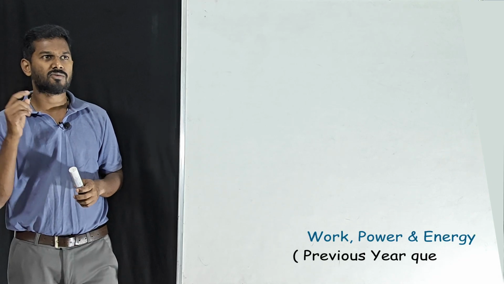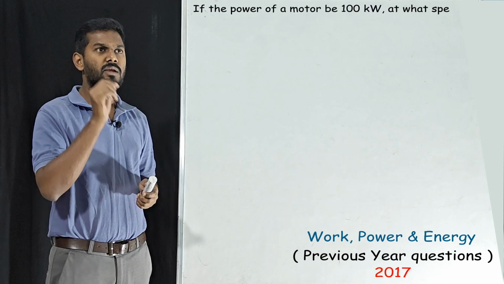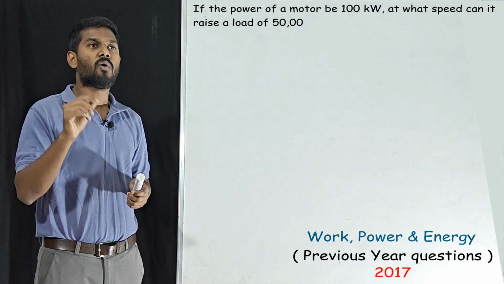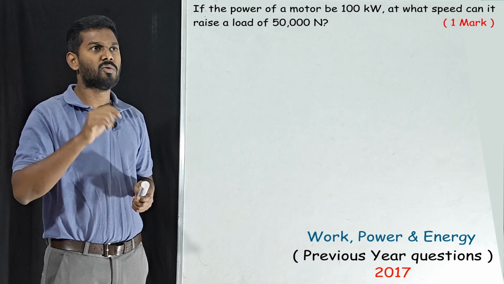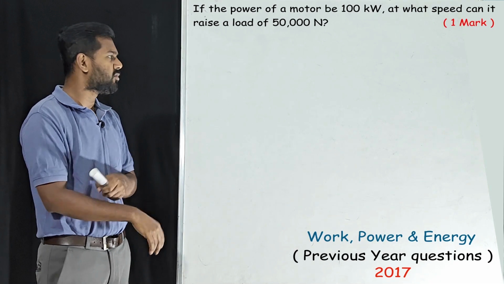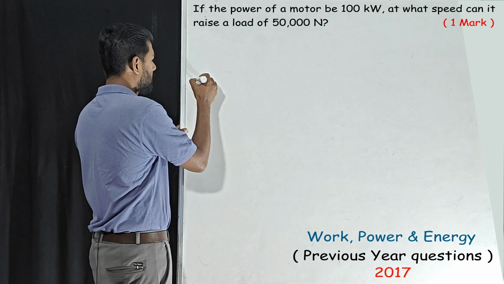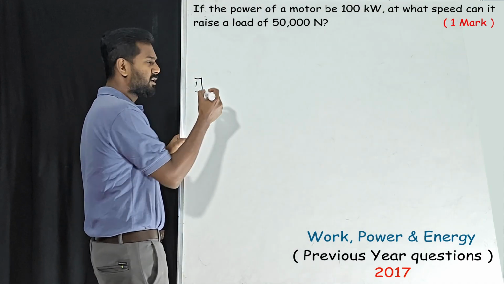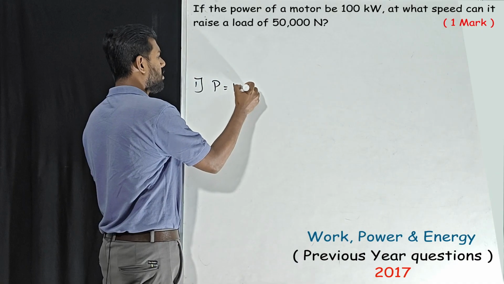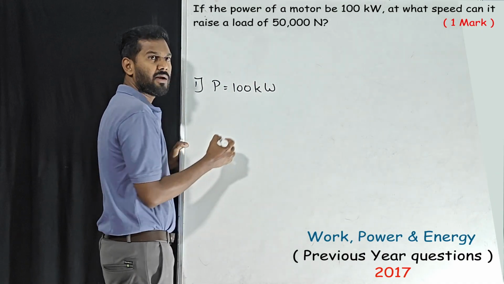Our first question, in 2017: if the power of a motor is 100 kilowatt, at what speed can it raise a load of 50,000 Newton? Very simple question if you know the formula. Power is given: P equals 100 kilowatt.